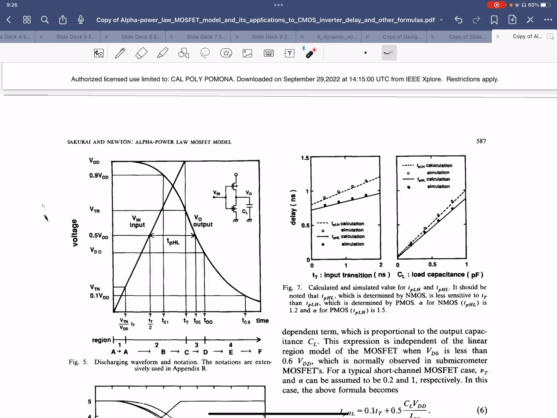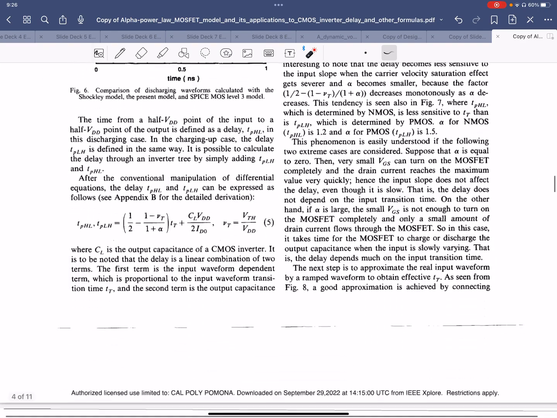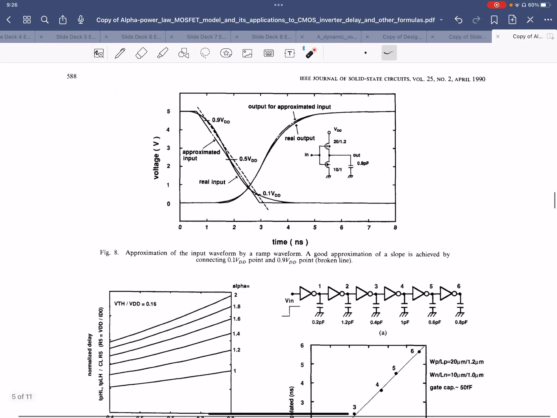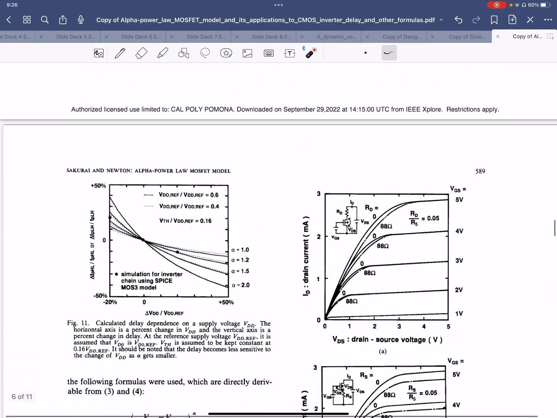So that other gate is going to have its own rise and fall times, and those are probably going to be on the same order as the output of this gate. So there's a whole discussion here of how these rise and fall times affect how you can model those in your hand calculations.